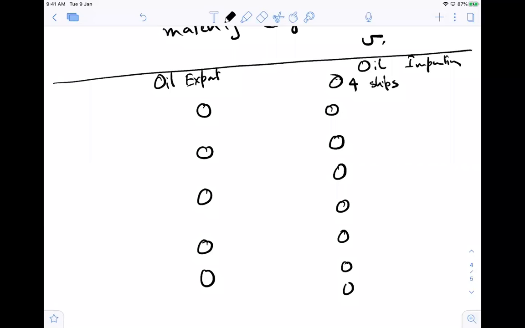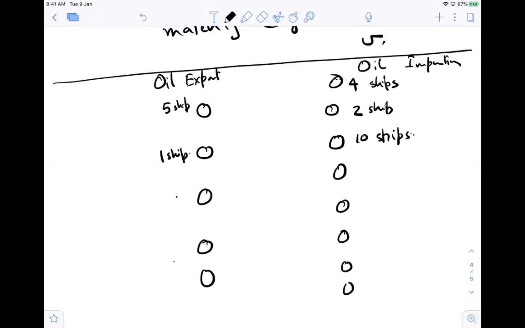Another is saying, oh, I want only 2 ships of oil. Otherwise, oh, I need 10 ships of oil, and so on. And the oil exporter says, see, this time I have produced 5 ships of oil. Another country is saying, oh, I have produced only 1 ship of oil, and so on and so forth.